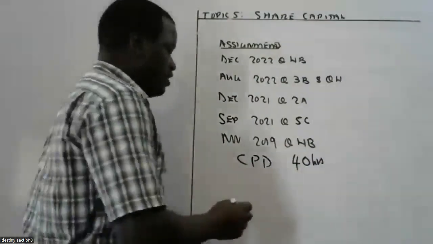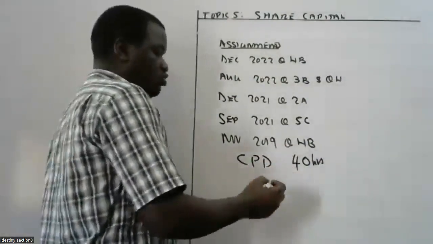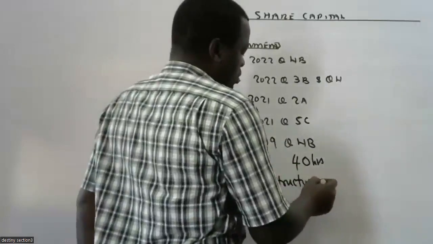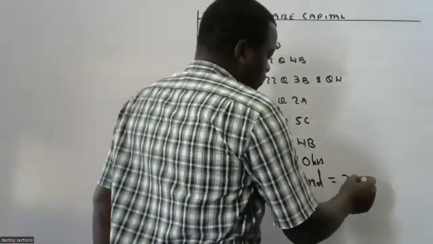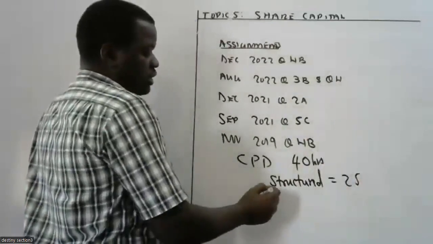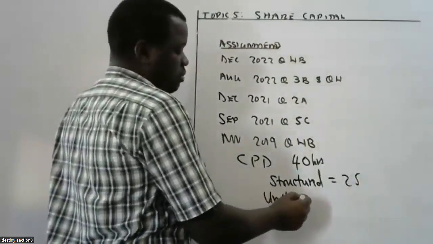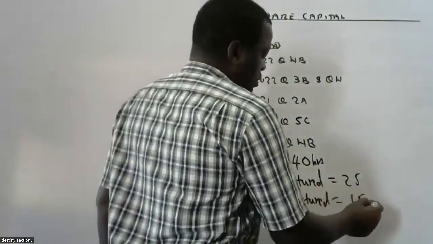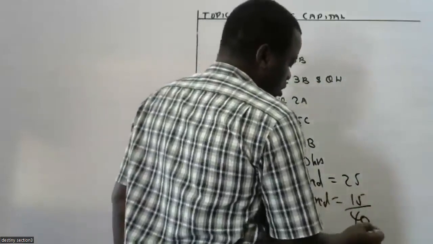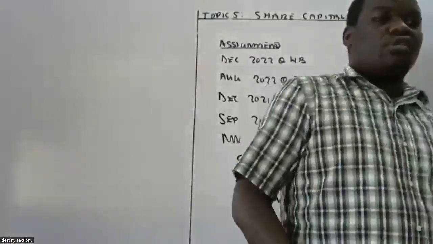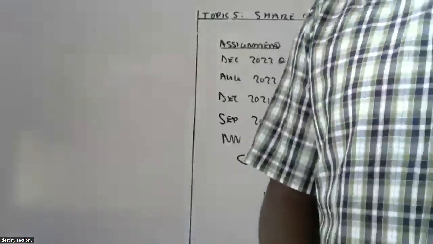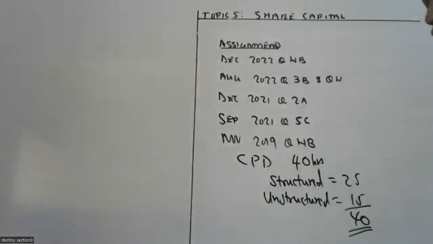Now, it's classified into two: structured CPD hours, which are 25, and then we have unstructured CPD hours, which are 15, a total of 40 hours. This is part of ensuring that you keep updated on any new professional pronouncements, standards, or concepts in the accountancy field.